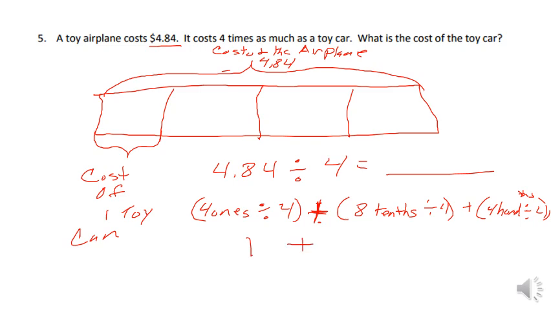I know 8 divided by 4 is 2, so 8/10 divided by 4 has to be 2/10 plus 4/100 divided by 4. Well, now 4 divided by 4 is 1, so 4/100 divided by 4 has to be 1/100. So when I add these up, I know it's 1 and 2/10 and 1/100ths. So I know each one of these should be $1.21.